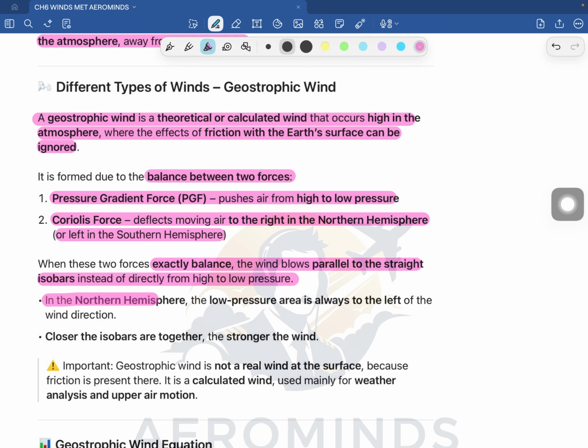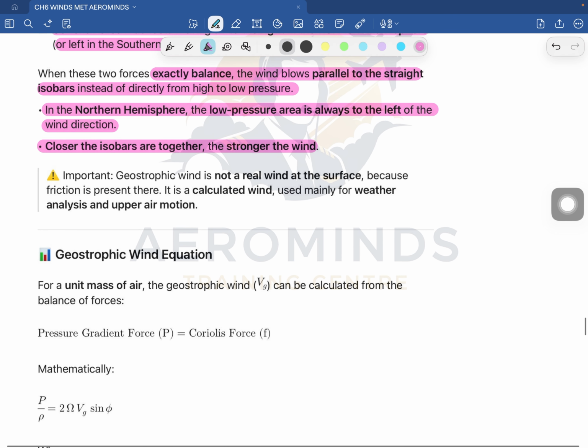In the northern hemisphere, the low pressure area is always to the left of the wind direction, and in the southern hemisphere, it is to the right, because in the northern hemisphere the Coriolis force acts towards the right. Now, the closer the isobars are together, the stronger the winds. And always remember, geostrophic wind is not a real wind at the surface because friction is present. It is a calculated wind which is used in weather analysis.